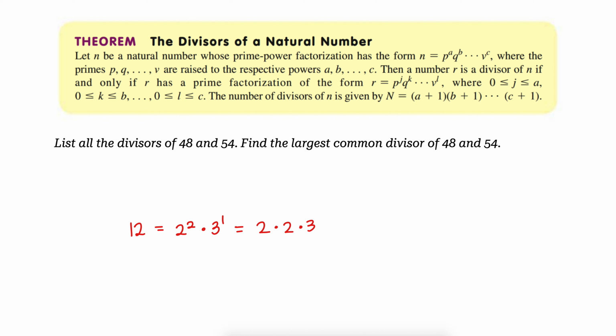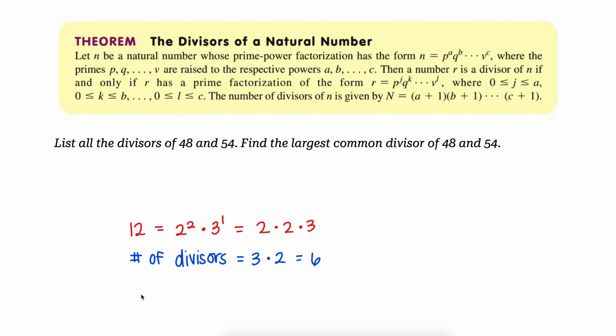So 1 plus 1 would be 2. So again, the second thing that this theorem says is it gives us the number of divisors. So it's going to be 2 plus 1 times 1 plus 1. So 3 times 2. So that tells me there are 6 divisors in 12.